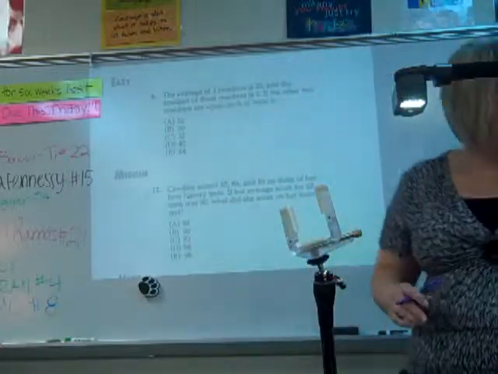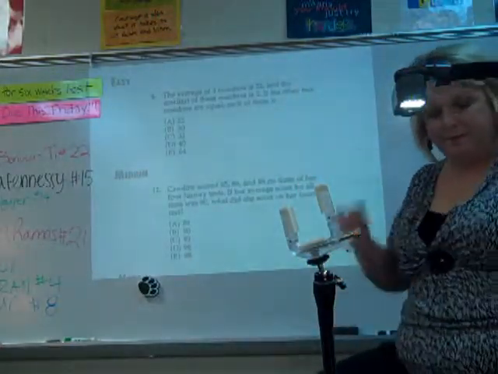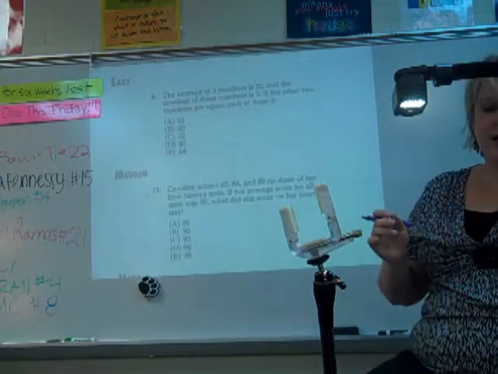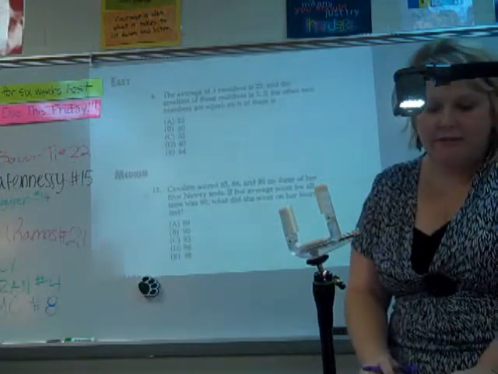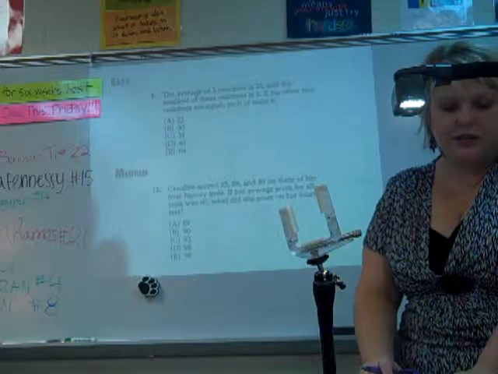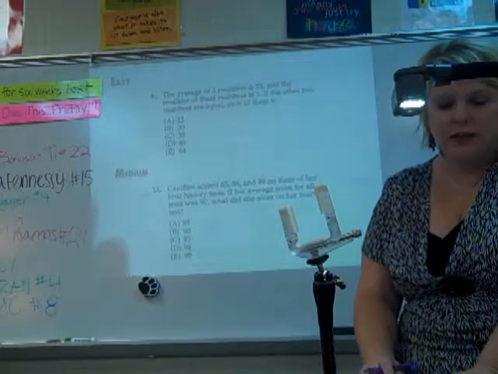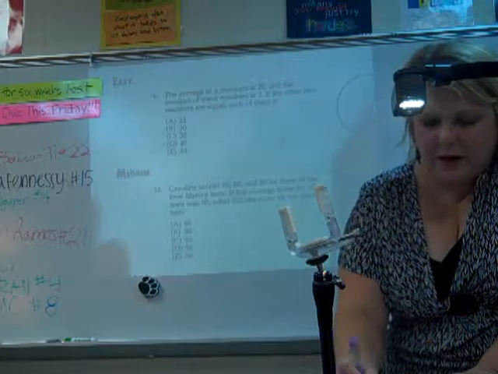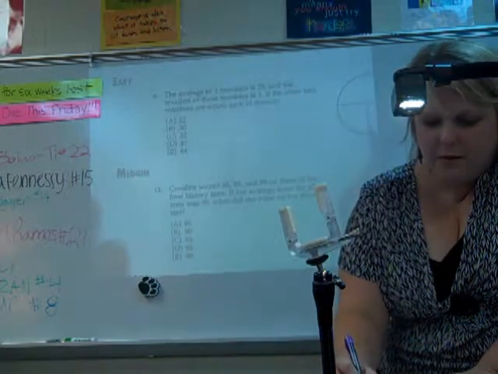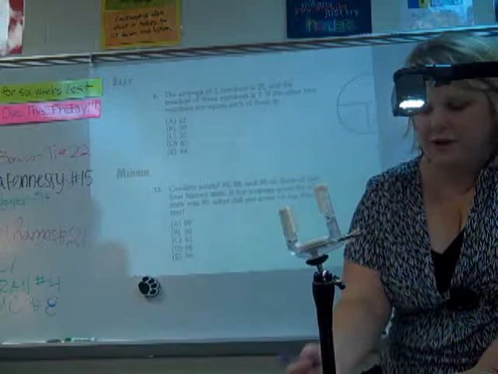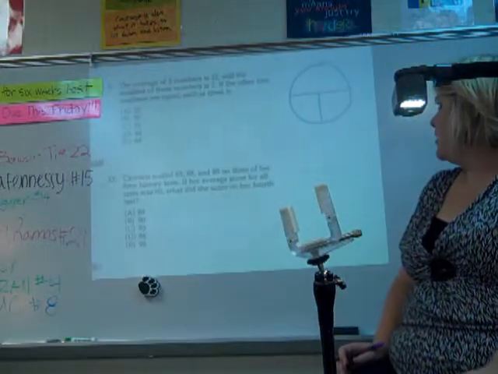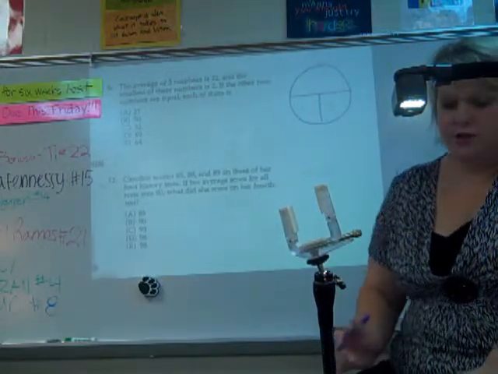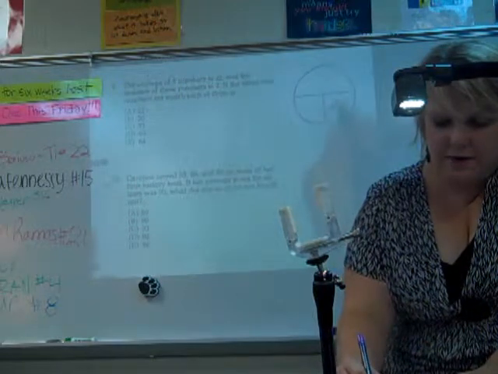All right, so let's see how to use this average pie. The average of 3 numbers is 22, and the smallest of these numbers is 2. If the other 2 numbers are equal, each of them is what? So if you use the average pie, remember total, number, average, right? They give you the average, it's 22, so that goes here.